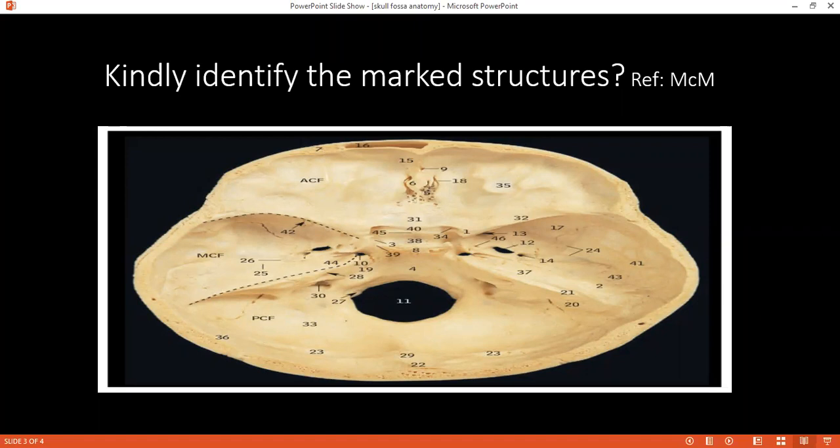All right. Can you please tell me what is the cavernous sinus? Ma'am, the cavernous sinus is a space in the middle cranial fossa, bounded medially by the sphenoid body and laterally by the temporal bone.